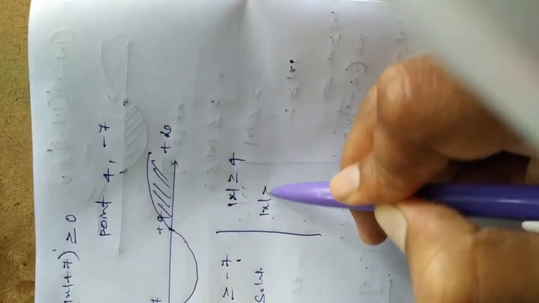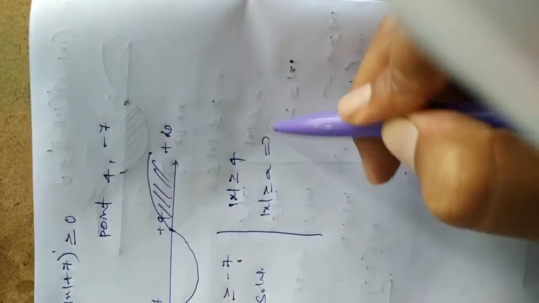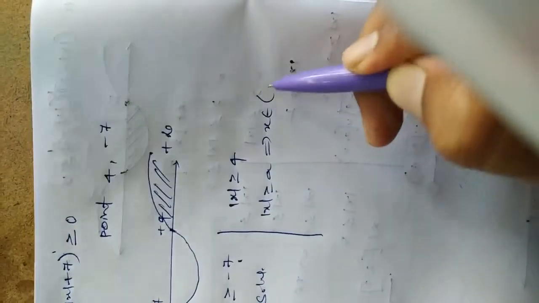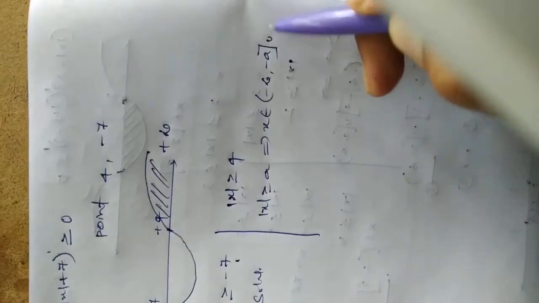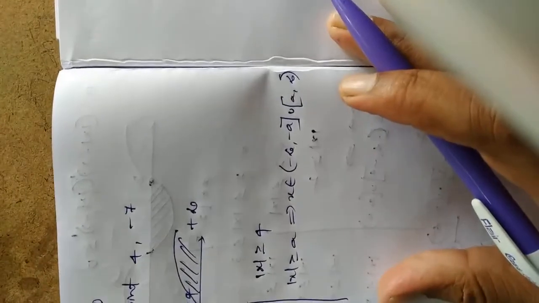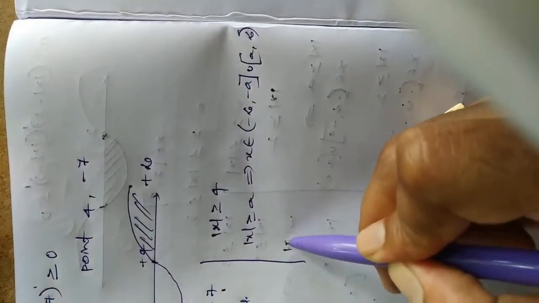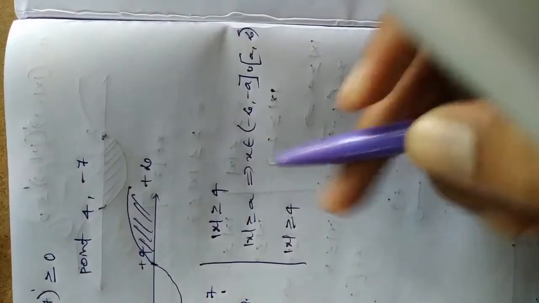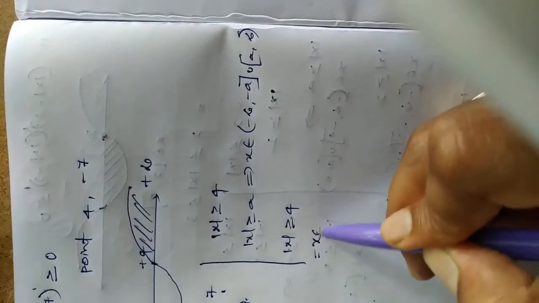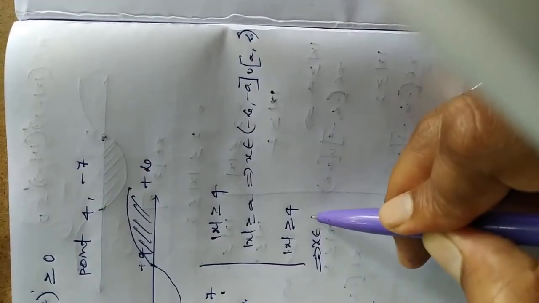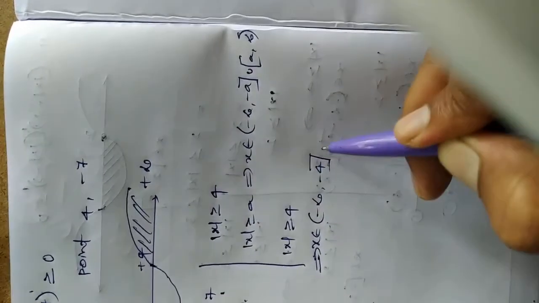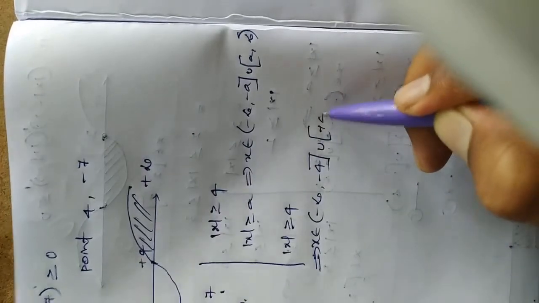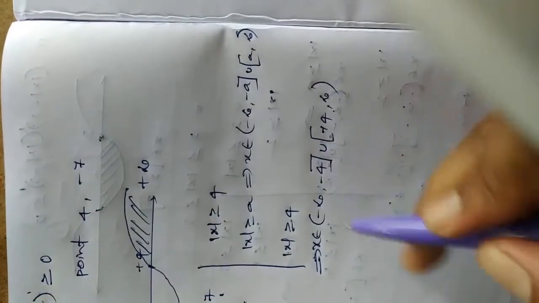This is in the form of mod x greater than or equal to a, which is like this: x belongs to minus infinity comma minus a closed union a comma infinity open. So modulus of x greater than or equal to 4 is x belongs to minus infinity comma minus 4 closed union plus 4 comma plus infinity open.